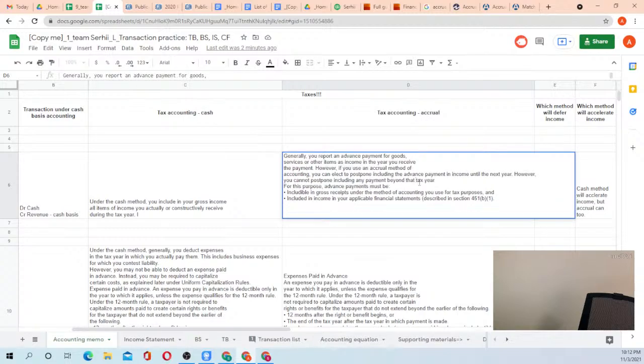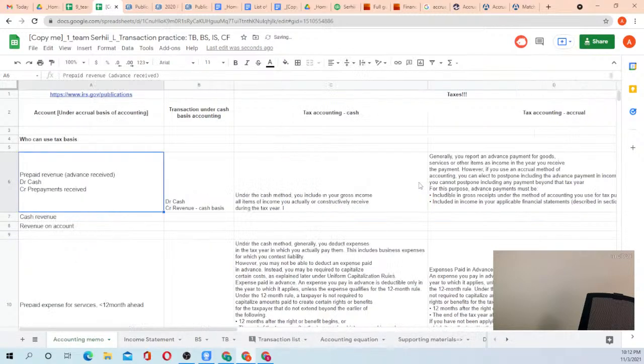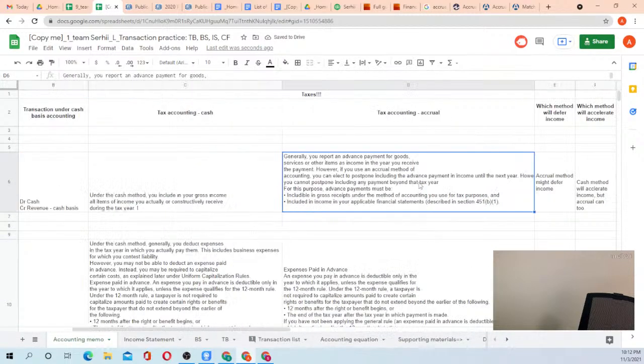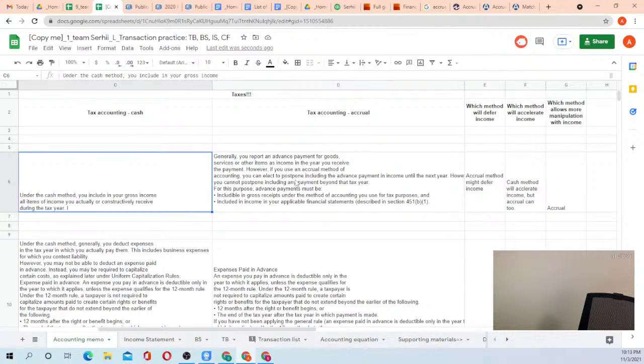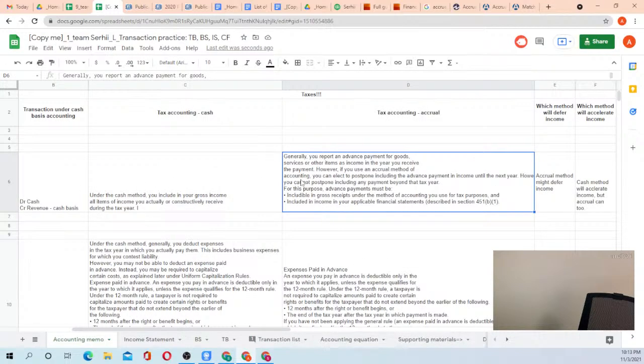So basically, they give us an additional year. So if we are an accrual taxpayer, we can elect to have our prepayments received treated based on accrual method, not based on cash method.